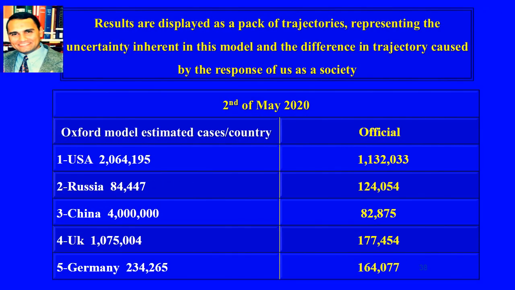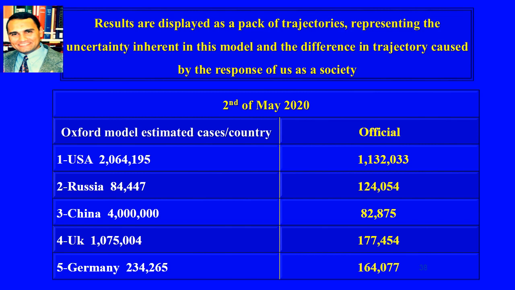To see the results of this program, results are displayed as a pack of trajectories representing the uncertainty inherent in this model and the difference in trajectory caused by the response of us as a society.